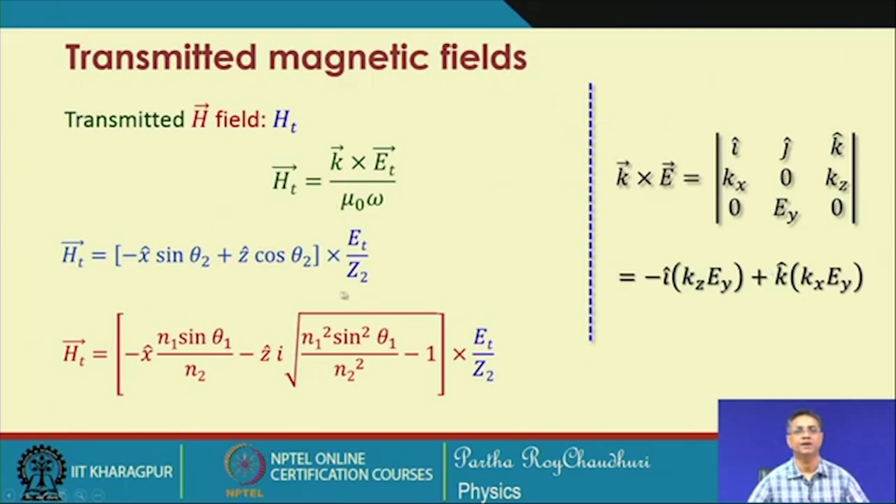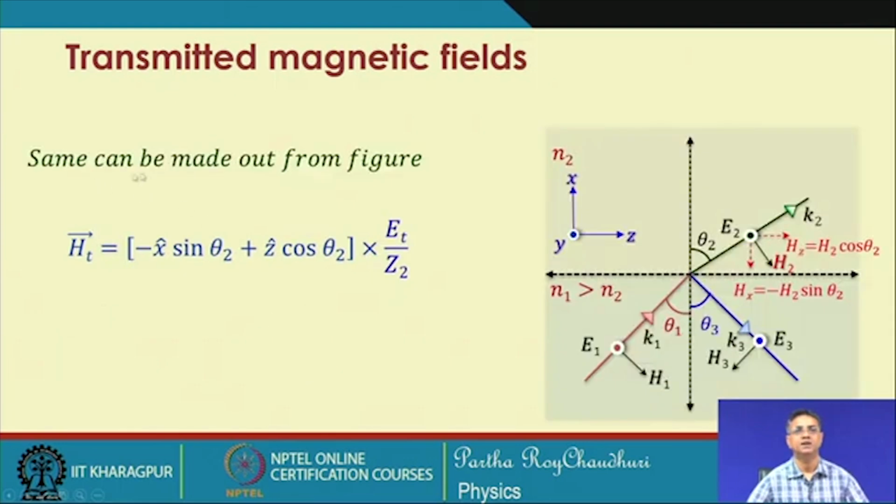So, Ht you can write in terms of the characteristic impedance of the second medium. So, the transmitted magnetic field can be written in this form. Now, the same can be made out from this figure also, because we are looking at the transmitted magnetic field amplitudes. You have a z component which is positive, H2 cosine theta 2, which appears here, and you have an x component of the magnetic field which is negative.